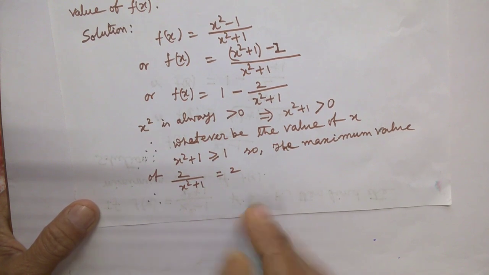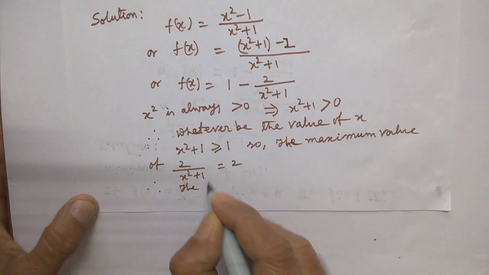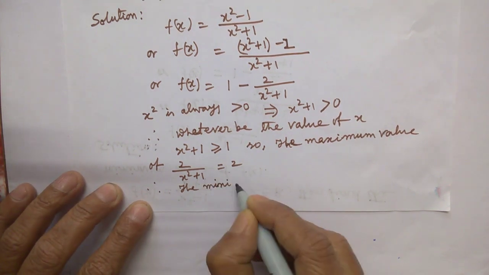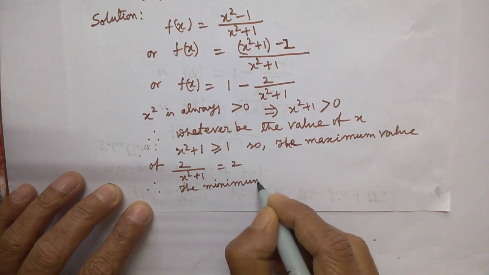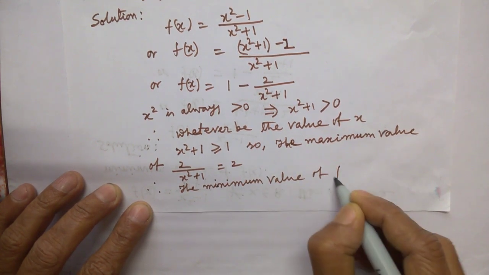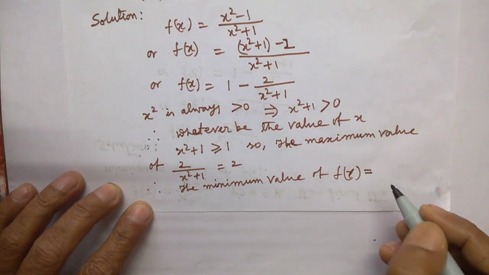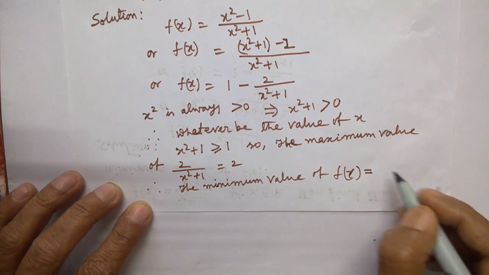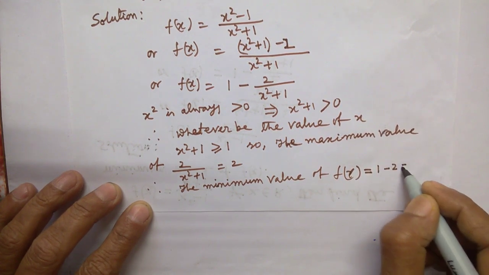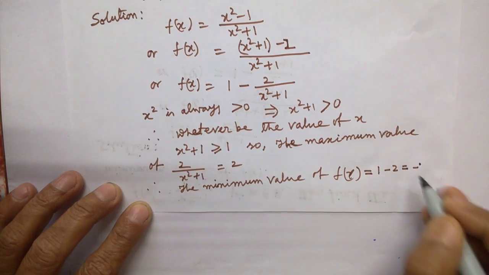Therefore, the minimum value of f(x) is equal to 1 minus 2, that is equal to minus 1.